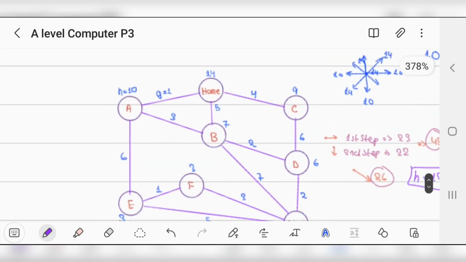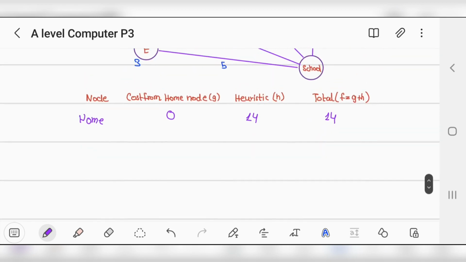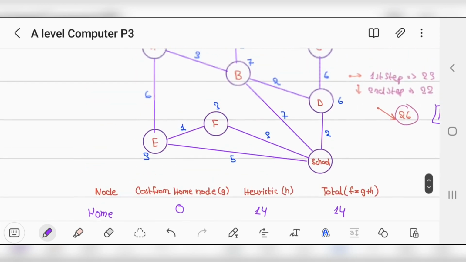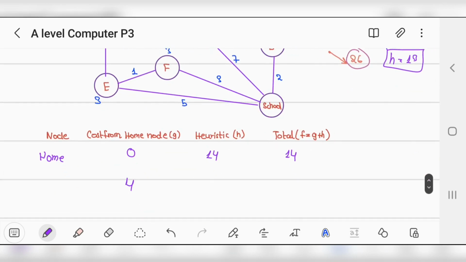Now if I go from here to here, the cost is 4 and the heuristic value is 9.